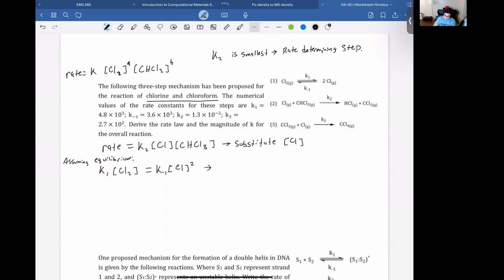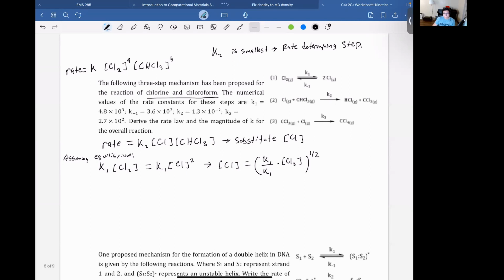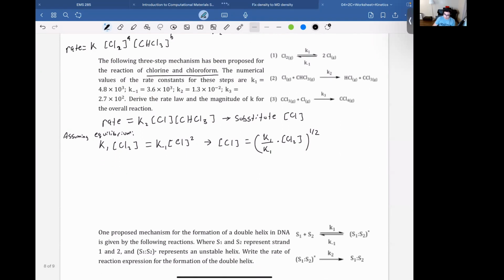So solving for the concentration of Cl, because I want to substitute it, K1 divided by K negative 1 times Cl2. This is all to the 1/2 power, or taking a square root. 1/2 power just looks nicer, so I'm going to leave it like that. Then we substitute.